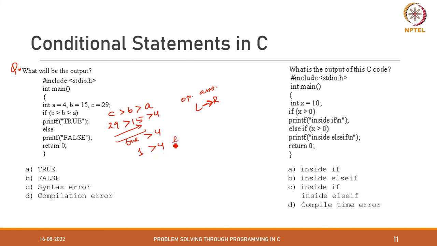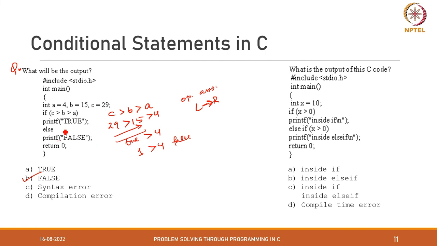Here you can see it will return a false value, right? So because this entire condition came up to be false, it will print the else part. So it will go to the else part and print whatever is there in the else part. So here the answer will be false.